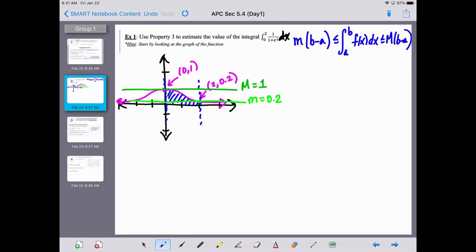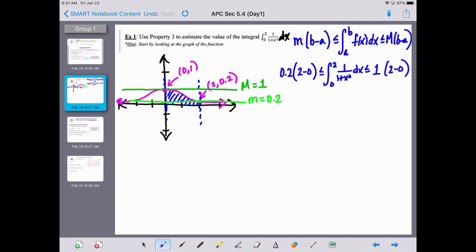So if we apply that property 3 to our specific problem here, we would get 0.2 times, and b minus a is going to be 2 minus 0, is less than or equal to the integral from 0 to 2 of 1 over 1 plus x squared dx, which is less than or equal to 1 times 2 minus 0.